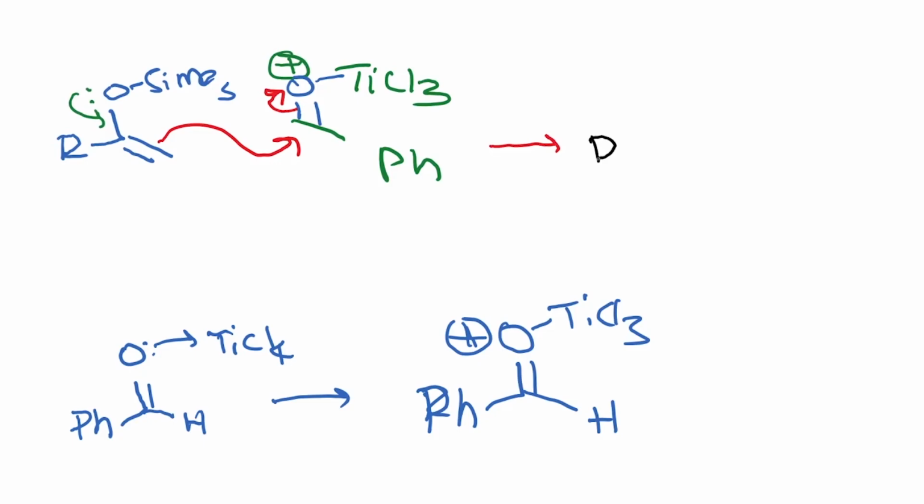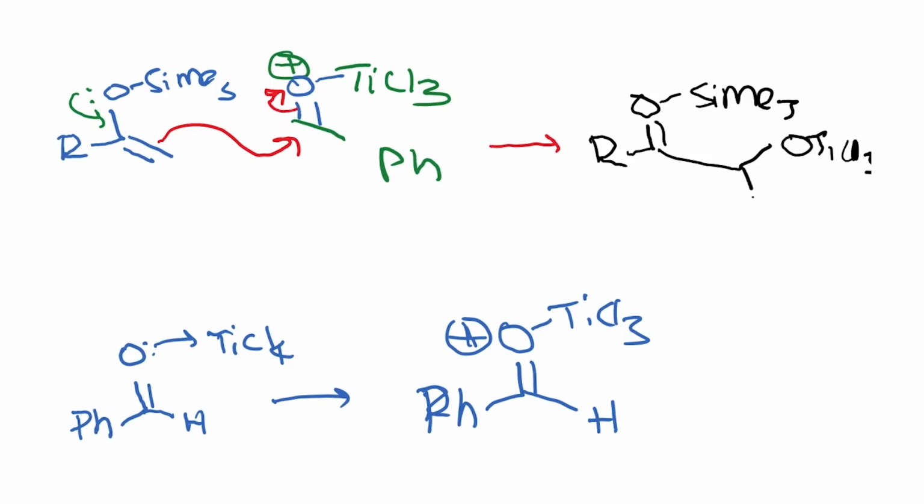So the product that we would get is O SiMe3 O TiCl3 is still there, and then the Ph is still here. Okay, so I'm just going to redraw this in the next page so you can look at it once again. So let me just redraw this intermediate for our convenience.